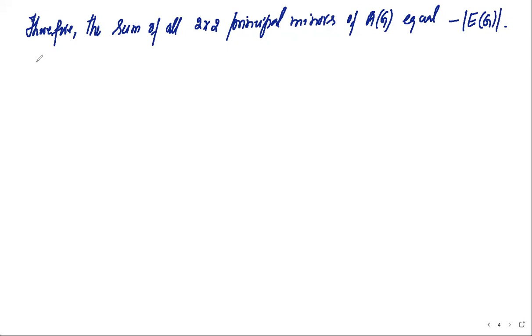Now, similarly, if we take 3 vertices, this is observation number 6.